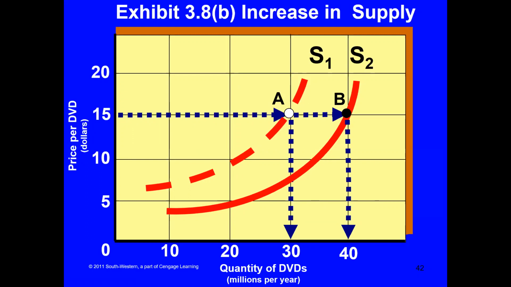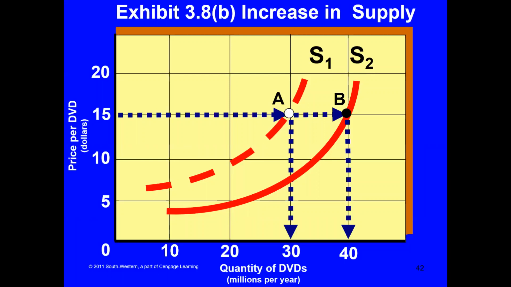So something has happened. Maybe we got more workers. Maybe we got more machinery. Maybe we got better machinery. Maybe we have expectations for higher sales. Maybe our show, Fixer Upper, goes on TV and it's really popular and people want our stuff and we expect higher sales from that.